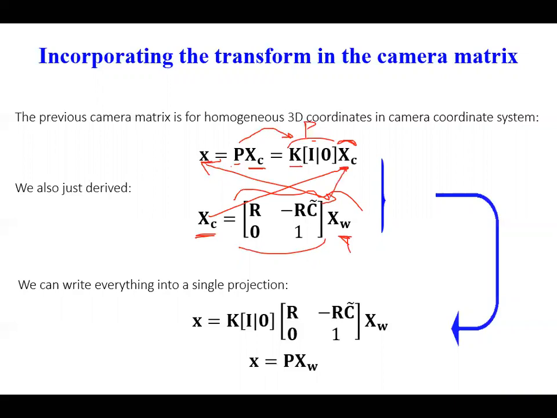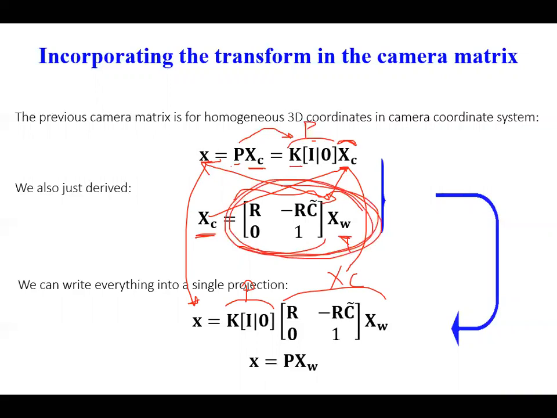So my x will be equal to p multiplied by xc, as xc is not this but this one. So now I have already done two transformations.